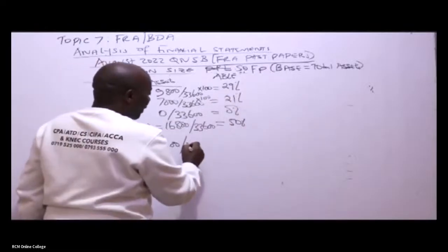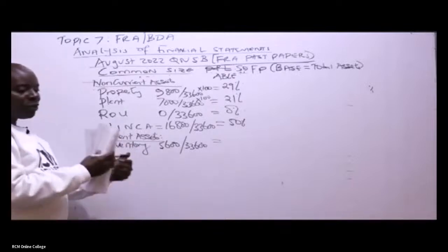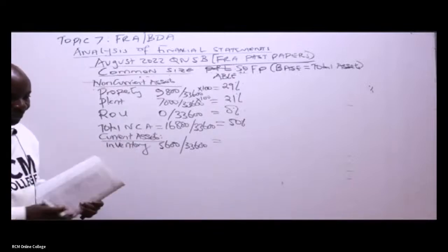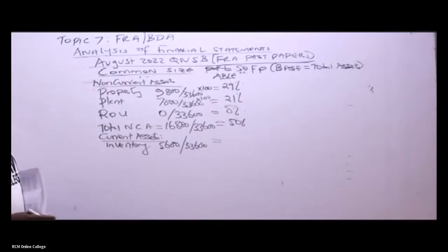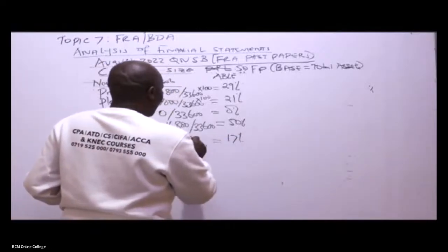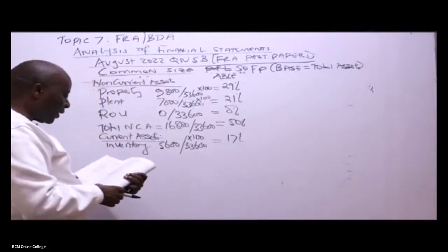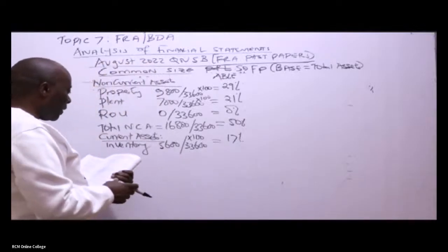Our base is total assets at 33,600. Give me an answer, times 100, of course. 17%. From there, ladies and gentlemen, I will be able to pick the next one pretty fast, which is receivables.